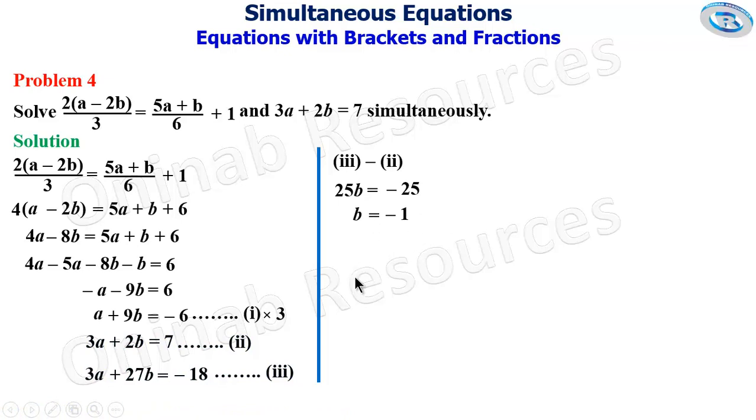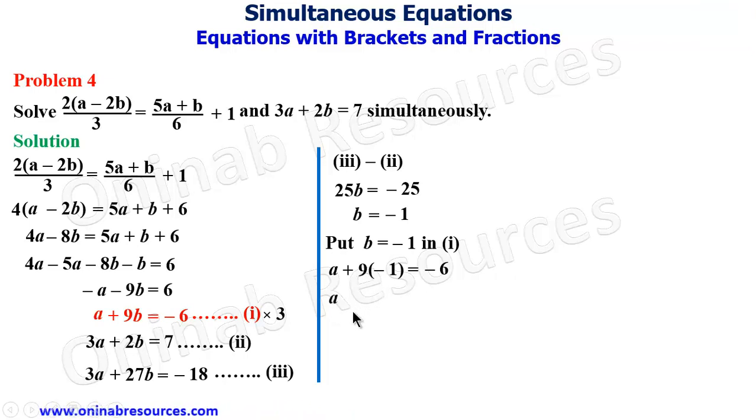We go ahead to substitute b is equal to negative 1 in any of the 3 equations. So we are picking equation 1. So we put b equal to negative 1 in equation 1. So we have a plus 9 into negative 1 is equal to negative 6. So this is negative 9 going to the other side.